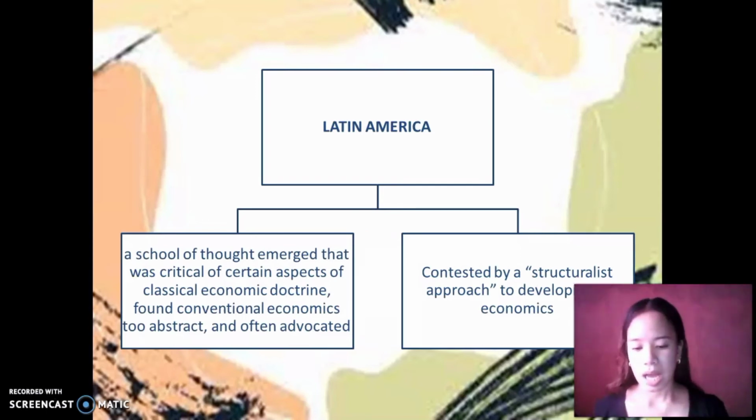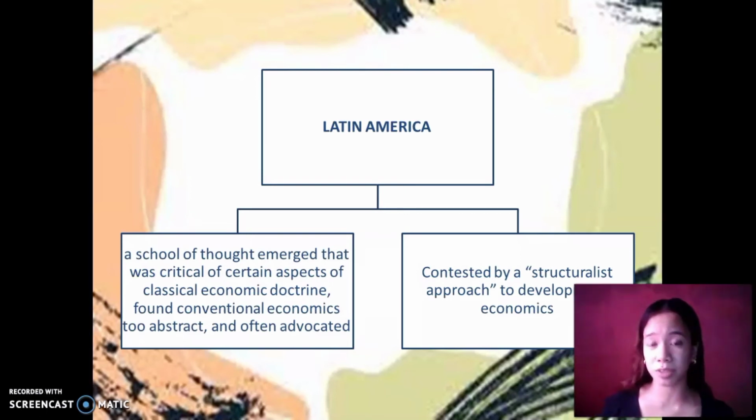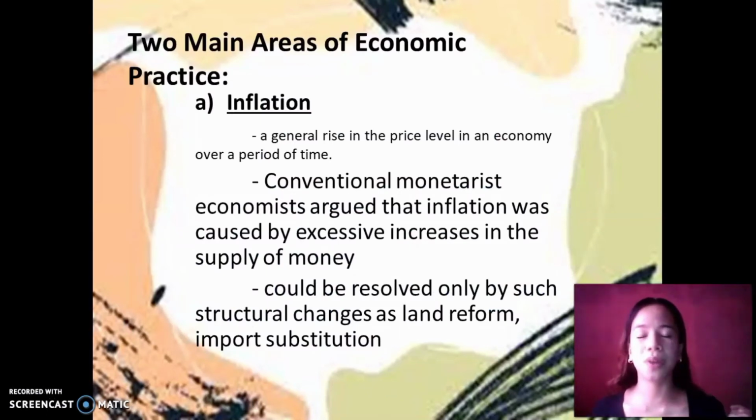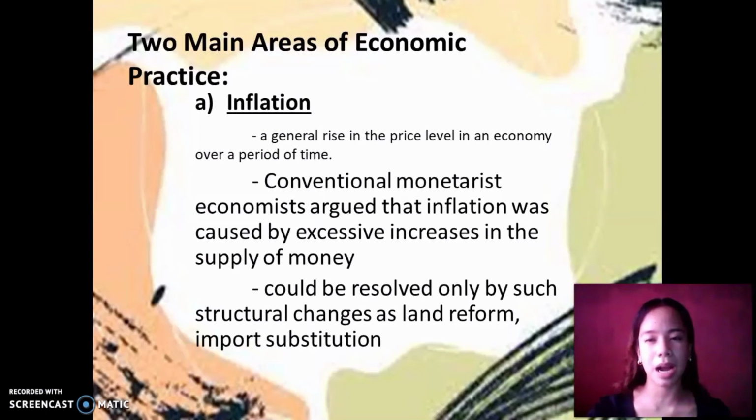So mao na to, it found conventional economics too abstract and often advocated, with Keynes and the Social Democrats, state intervention in the growth process. So there are two main areas of economic practice. Dili lang siya naisip na murag basta-basta lang, but there are actually two main areas of economic practice.